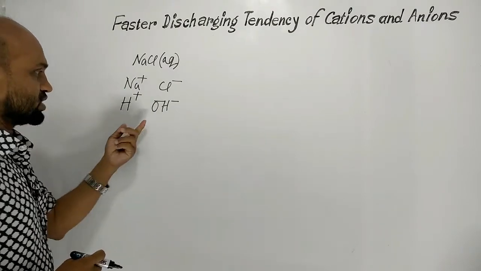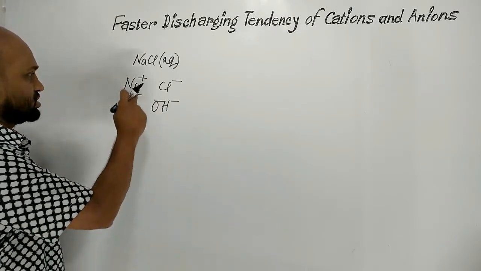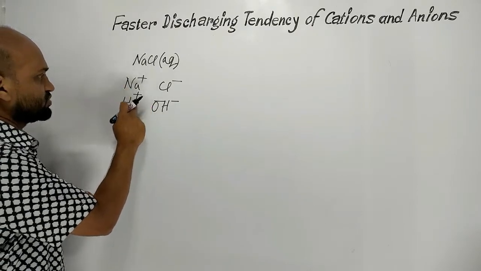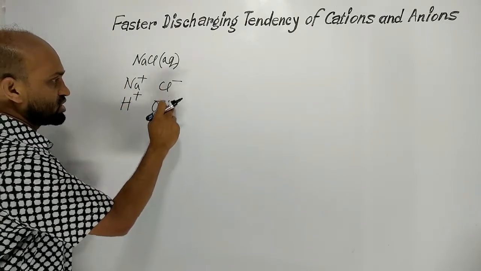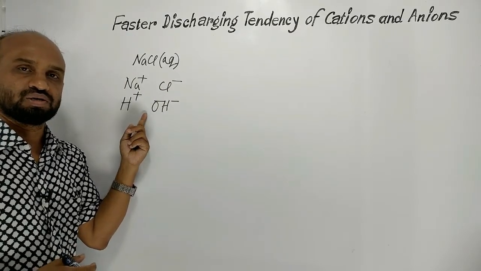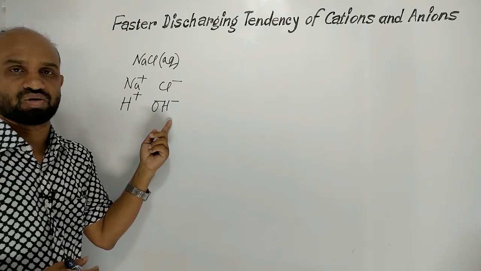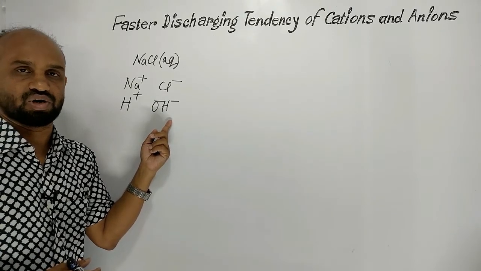At the time of electrolysis of sodium chloride solution, we see two types of cations and two types of anions. Which cation will be reduced first and which anion will be oxidized first, and why?